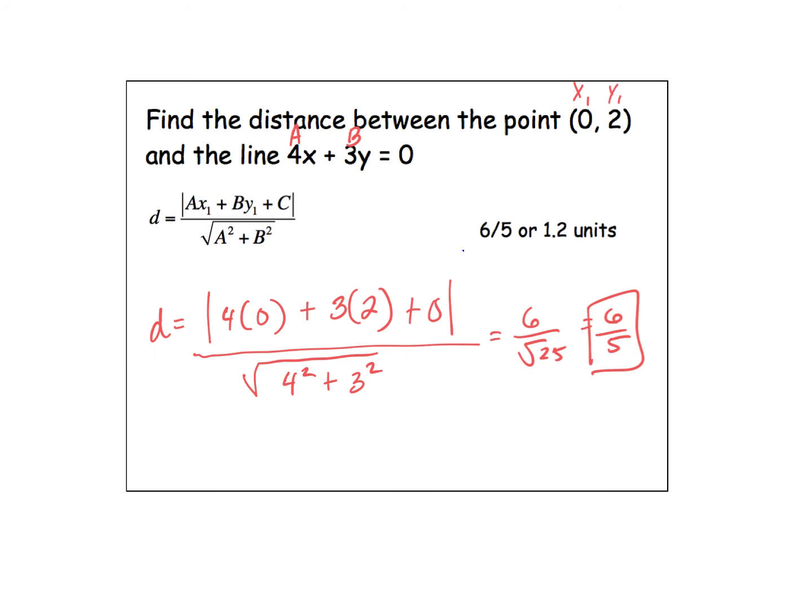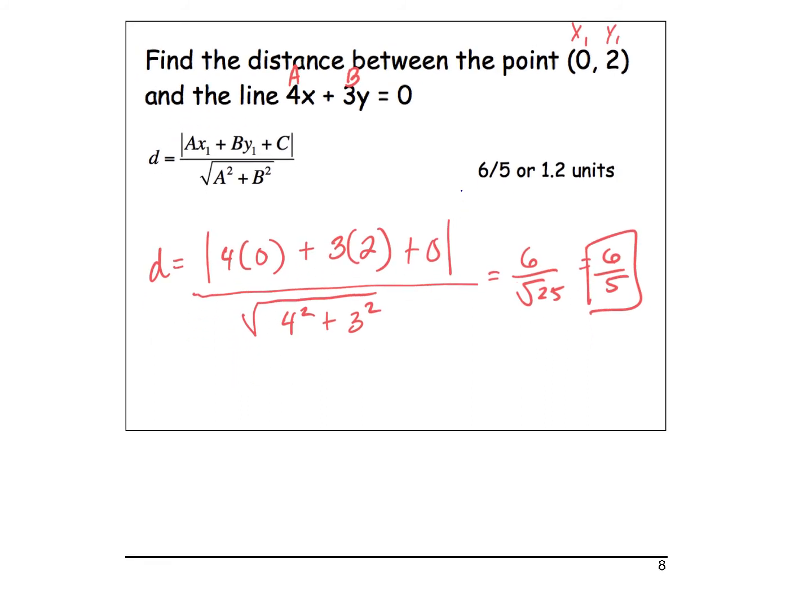So if I were to sketch that really quickly, I would put that into y equals mx plus b, so 3y equals negative 4x, y equals negative 4 over 3 x. So we are going through the origin, rise over run, so if I rise 4 and I run to the left 3, I have this line right here, roughly, and the point 0, 2, right there.